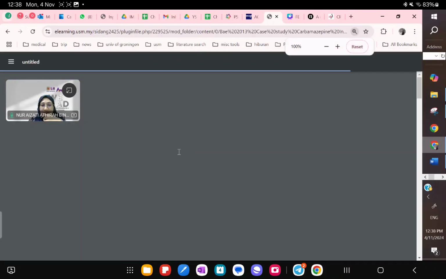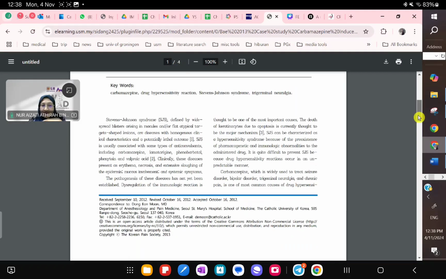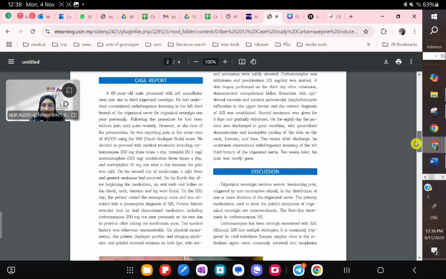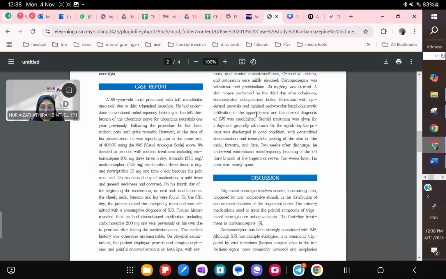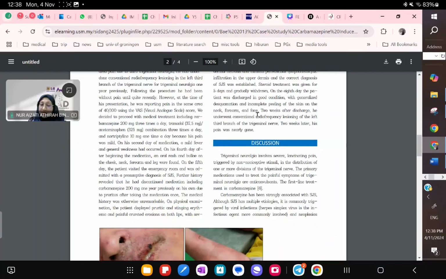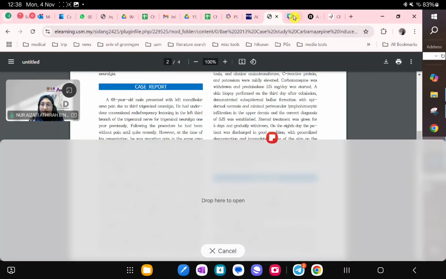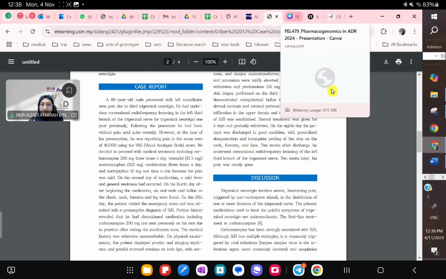Open this and read the case report. It is only a short one. Starting here, a 68-year-old male. Read until the case report section. I give you 5 minutes to read this first, and then we will answer some questions.